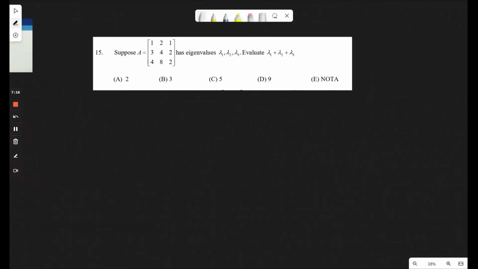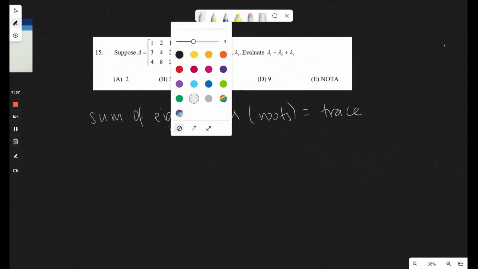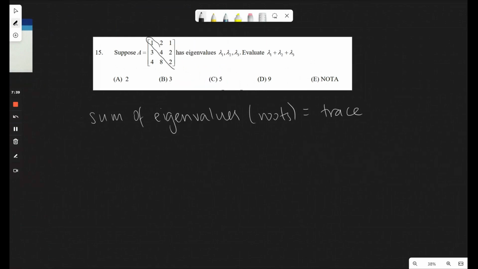So if we want to find the sum of the eigenvalues, we actually can use this, knowing that the sum of the eigenvalues, because eigenvalues are roots of the characteristic polynomial, is equal to the trace of the matrix. And your trace is the sum of all the numbers on the main diagonal.